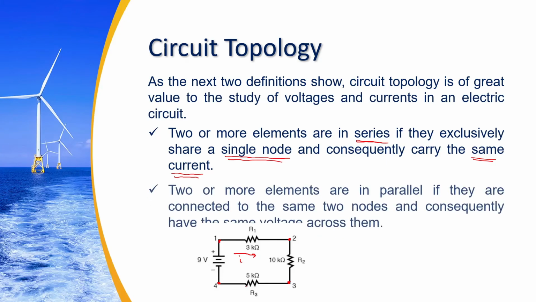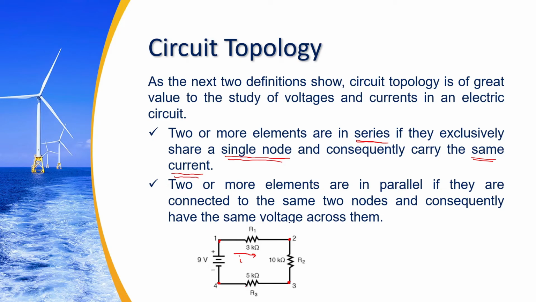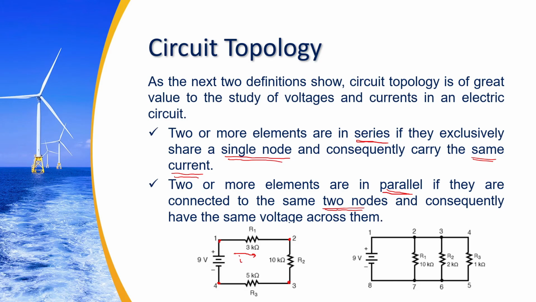Okay? So ano pa? Two or more elements are in parallel naman. Parallel daw sila kapag they are connected to the same two nodes. So hindi siya single node, kundi two nodes yung pinag-share nila. Consequently, they have the same voltage across them. So, in this circuit, masasabi natin na parallel itong 10K, 2K, at 1K na resistor kasi nag-share sila sa 2 nodes.